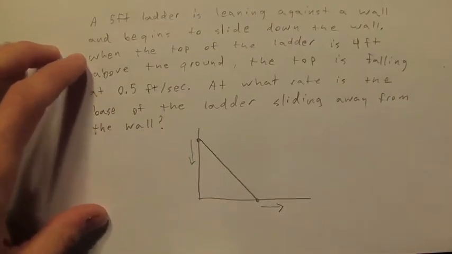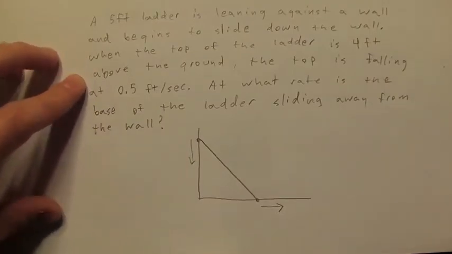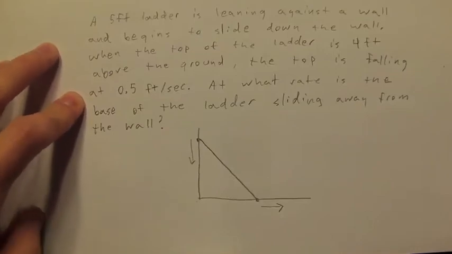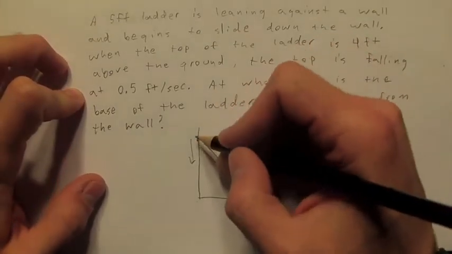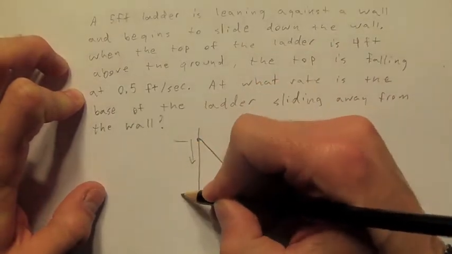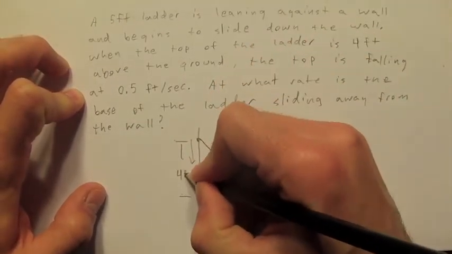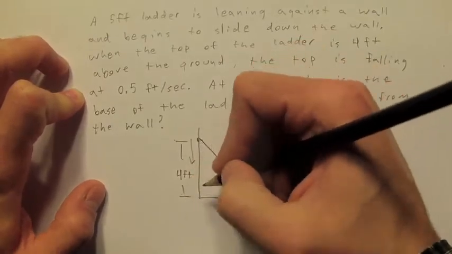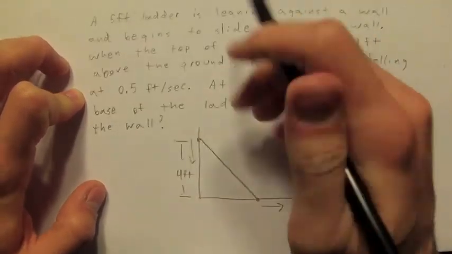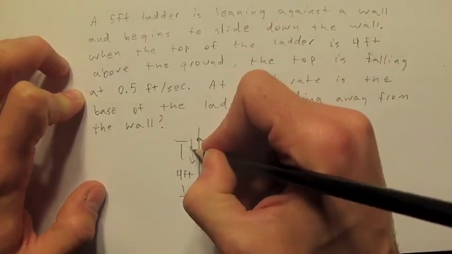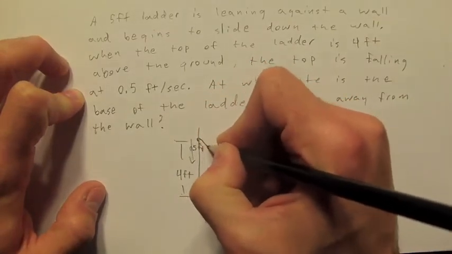Now, when the top of the ladder is 4 feet above the ground, the top is falling at 0.5 feet per second. We're only looking at this moment, when the ladder is 4 feet above the ground.